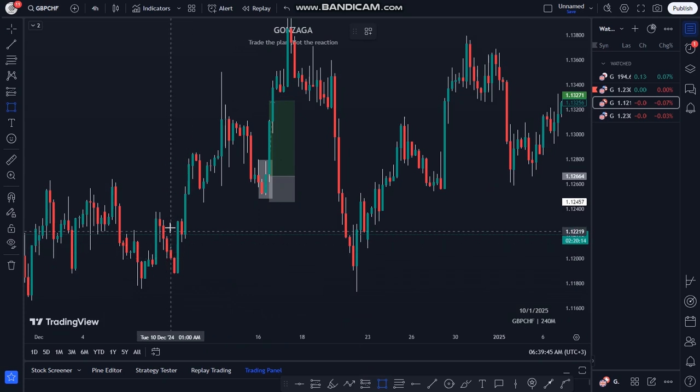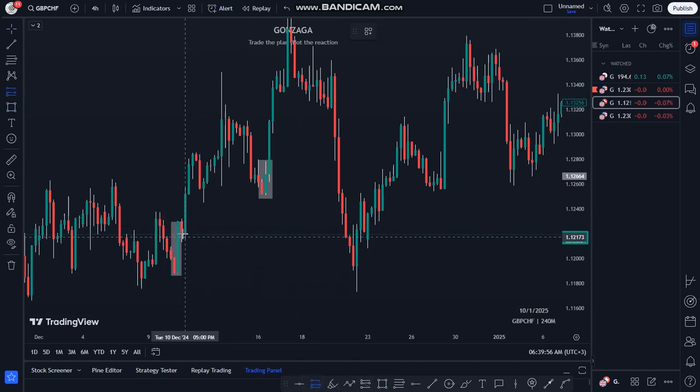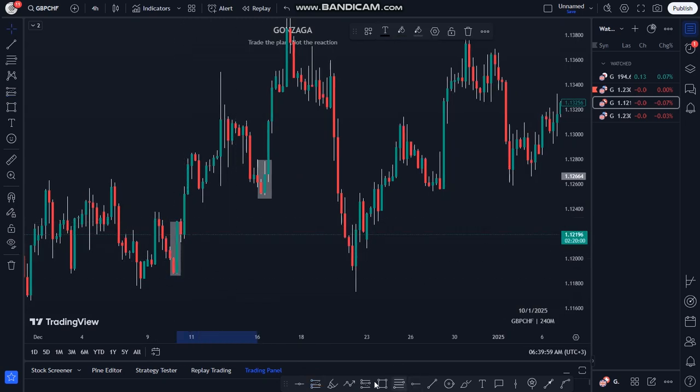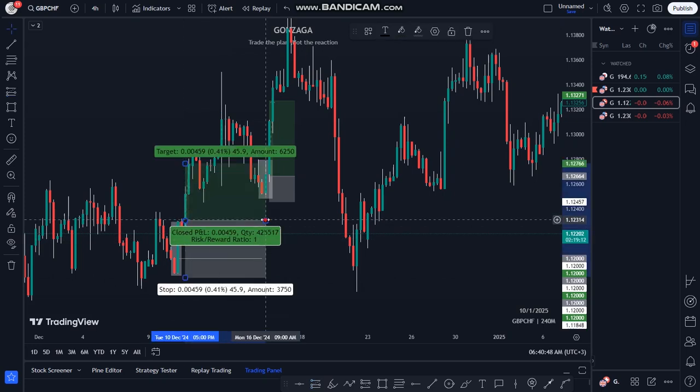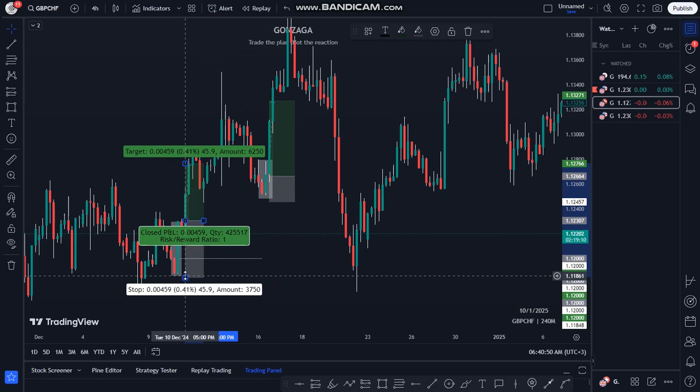So now you come here and see this pattern. It's a bullish engulfing. This candle has been engulfed by this. So you come and place your entry here, after that candle has closed.